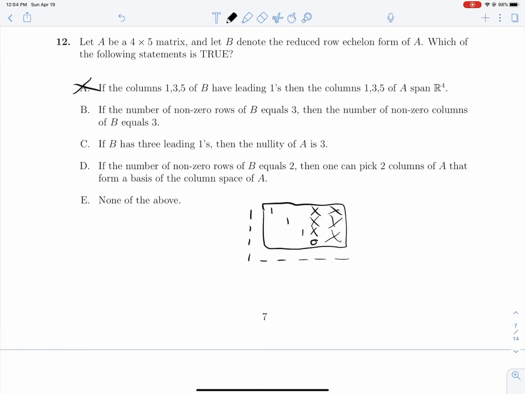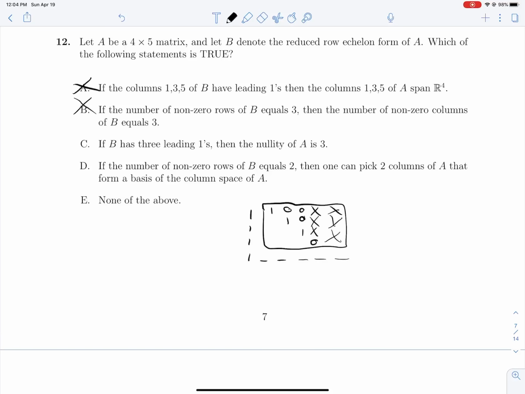All that we really need for that is for there to be zeros above all of our pivot positions, and we need to have this kind of main diagonal look to it. So no, there can be other non-zero positions, and so if we're counting on this axis, we could see up to 5 non-zero columns, where we only see 3 non-zero rows over here. So this is incorrect.